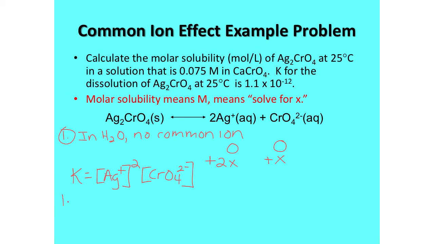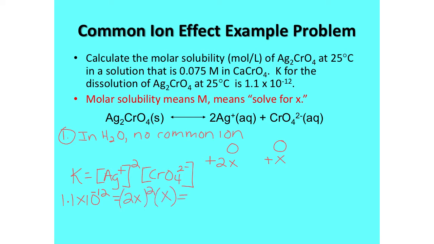Again, we're pretending we're in distilled water right now and we're ignoring the common ion stuff. So our K value is 1.1 times 10 to the negative 12. That's obviously very small, telling us that not many of the ions would exist in solution. So the reverse reaction would be heavily favored, is equal to (2x) squared times x.